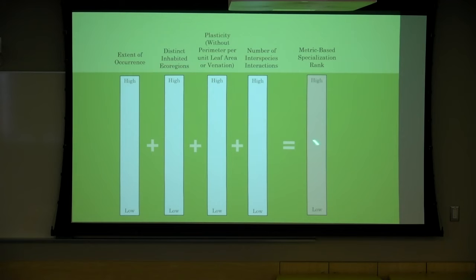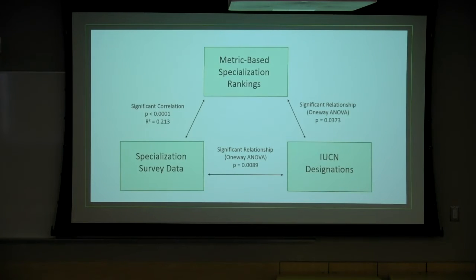So this was out of 100 total points, where each of these was equally weighted at 25. If you were missing, say, this fourth column here, your three remaining metrics would get adjusted to 33% of the total. And we found that data deficient species tended to score a little bit higher than their well-represented relatives.